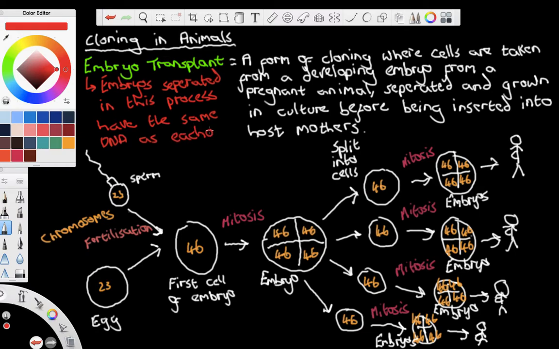So by our definition from earlier, they are clones. Now we're going to continue with cloning in animals, but look at a different process known as adult cell cloning.